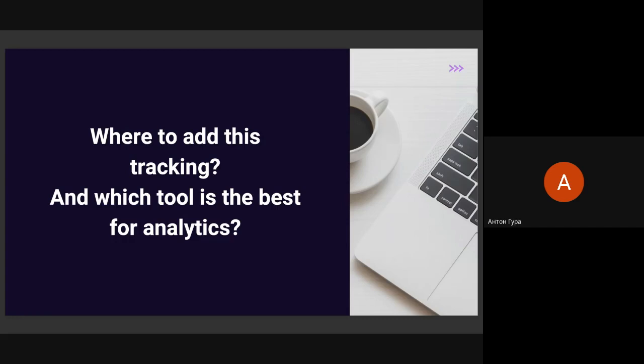For example, you create some points and actions in your website and front end, and you link this data to your BigQuery to create a database and use Looker Studio for visualization.